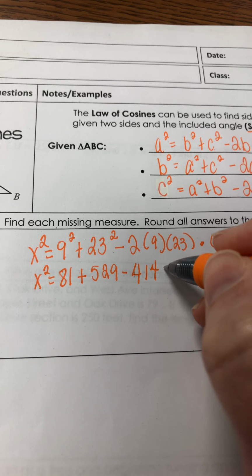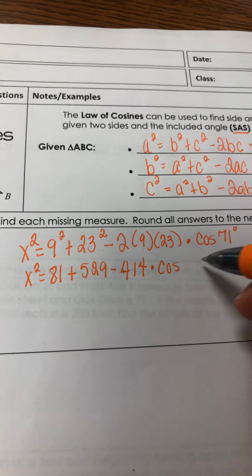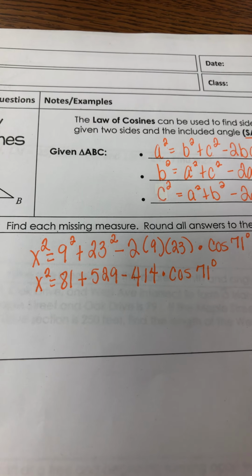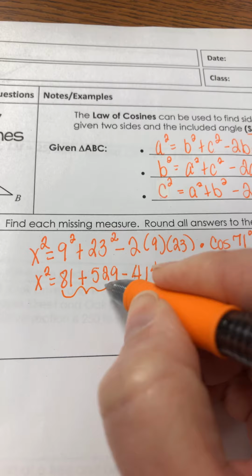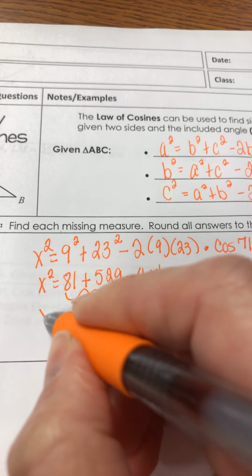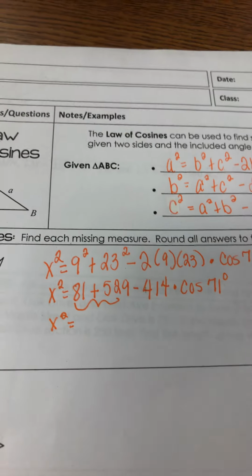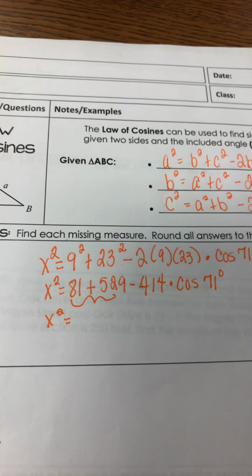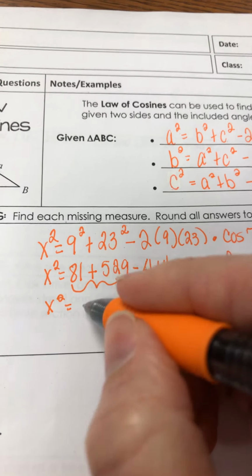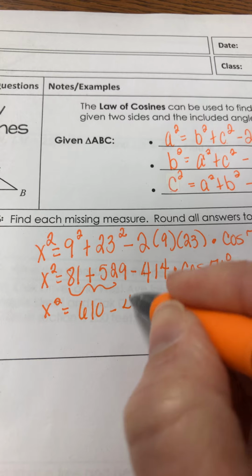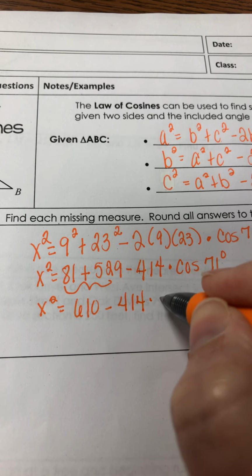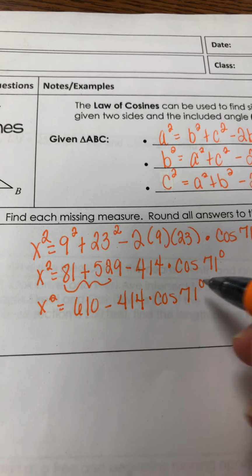And then we have times the cosine of 71 degrees. Okay, so let's take 81 and 529 and add those together. 81 plus 529 is going to give us 610, minus 414 times the cosine of 71 degrees.